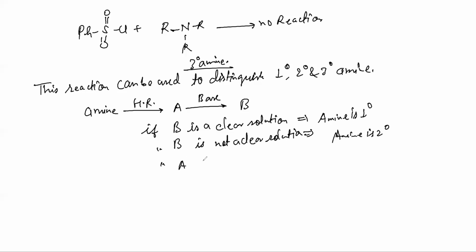If A is not formed, the amine is 3 degree. This is the reaction that we use to distinguish 1 degree amine from 2 degree and from 3 degree. Okay, please complete this fast.